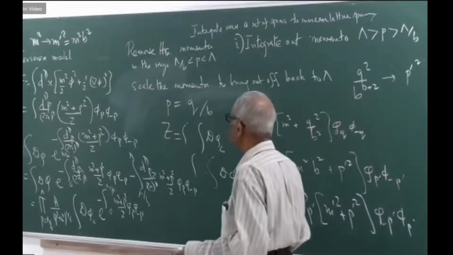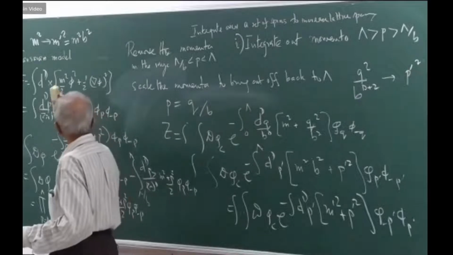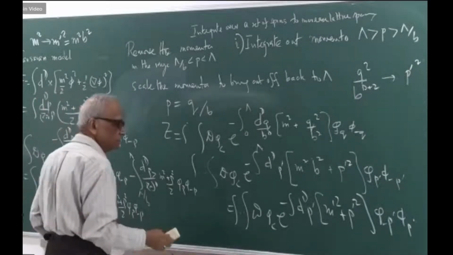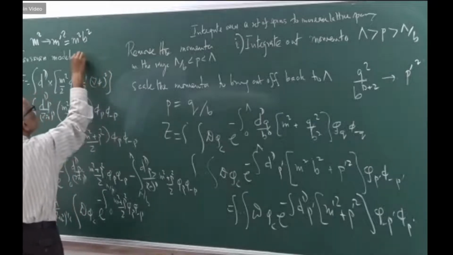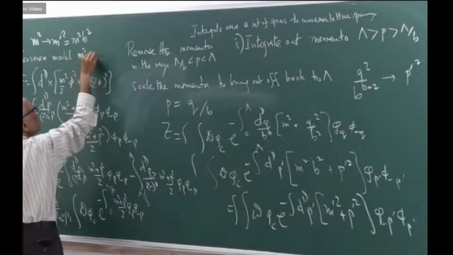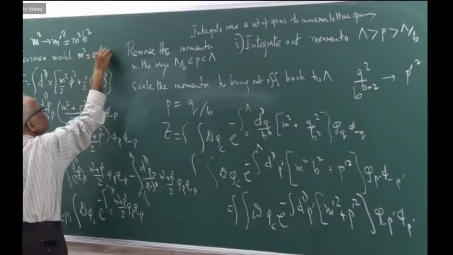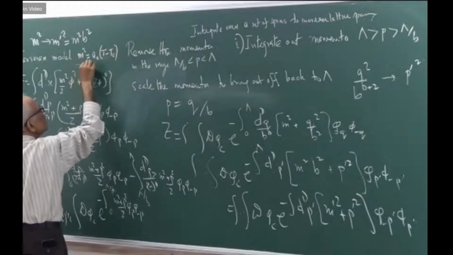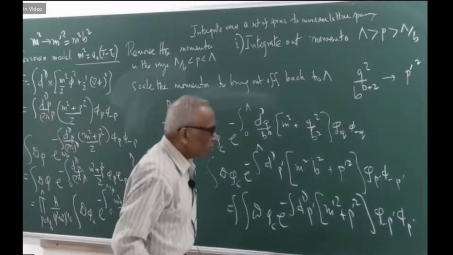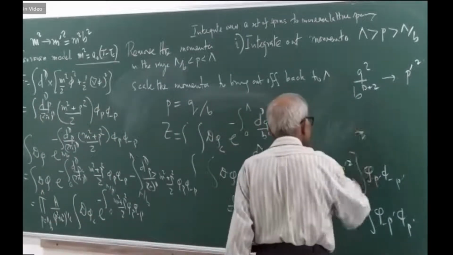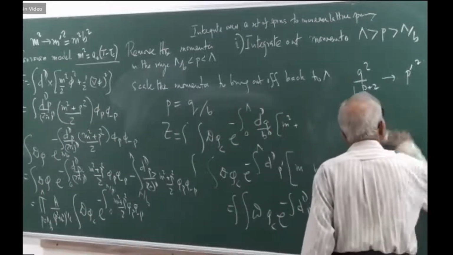There was just one parameter over here, which is this m square, and to recall, m square is some constant times t minus tc. That's the meaning of m square, that m square is equal to a0 into t minus tc. So it is t minus tc.